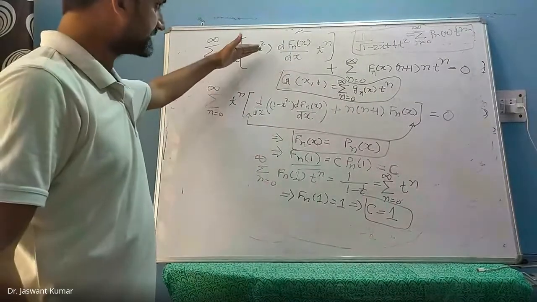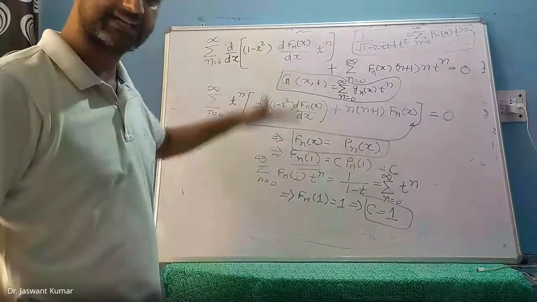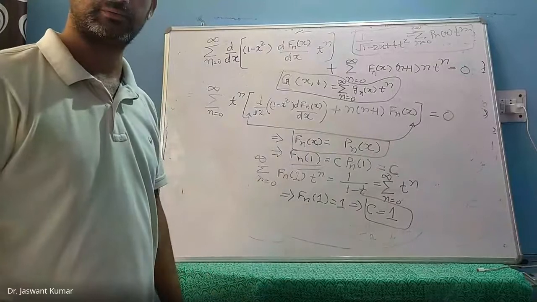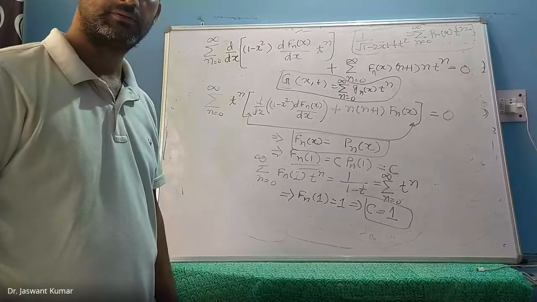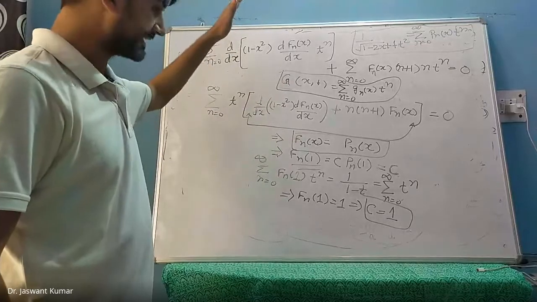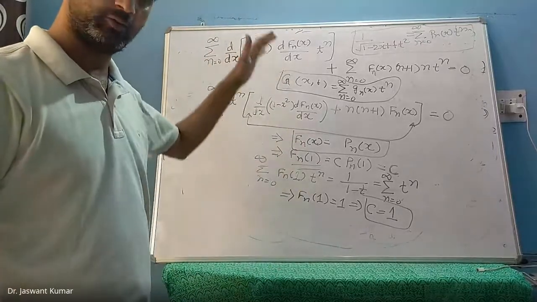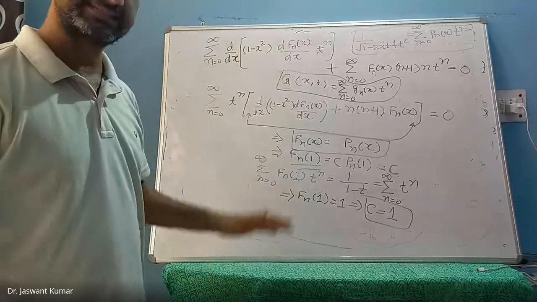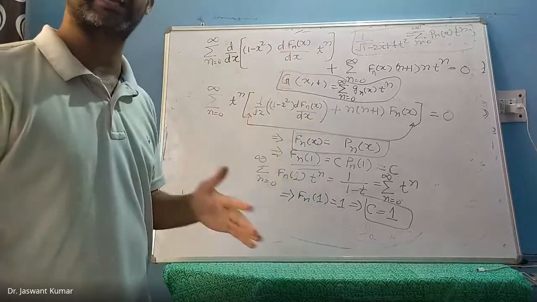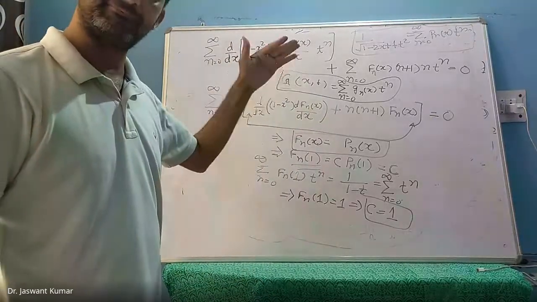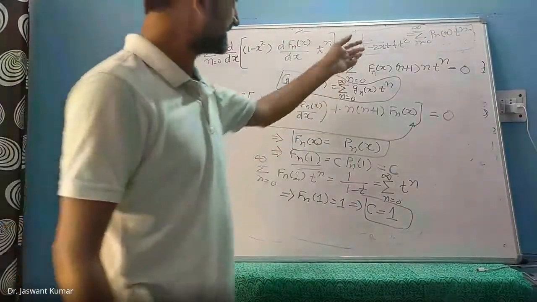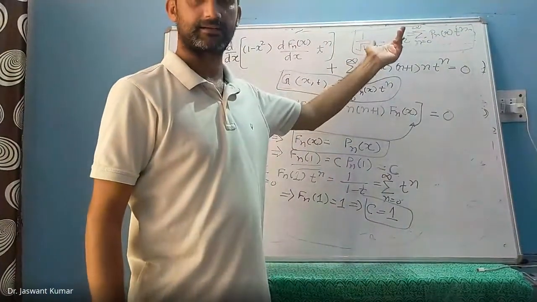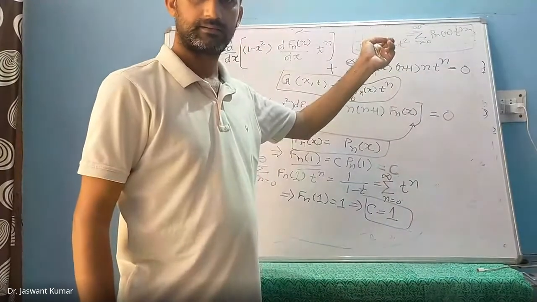So this was a set of mathematical jargon that I have explained to you. This second order differential equation and all these polynomials are a set of mathematical jargons. You need to understand every step as to how you go from one step to another. Otherwise, this seems like magic.